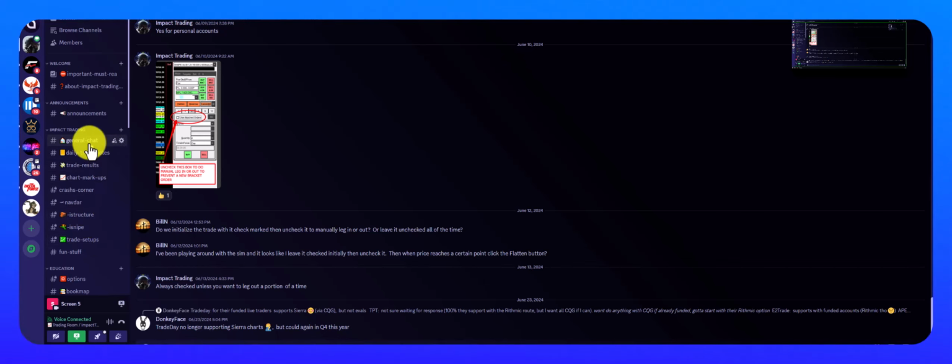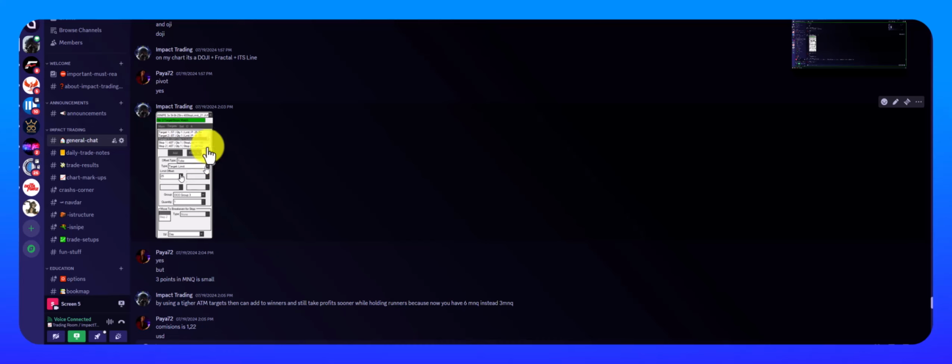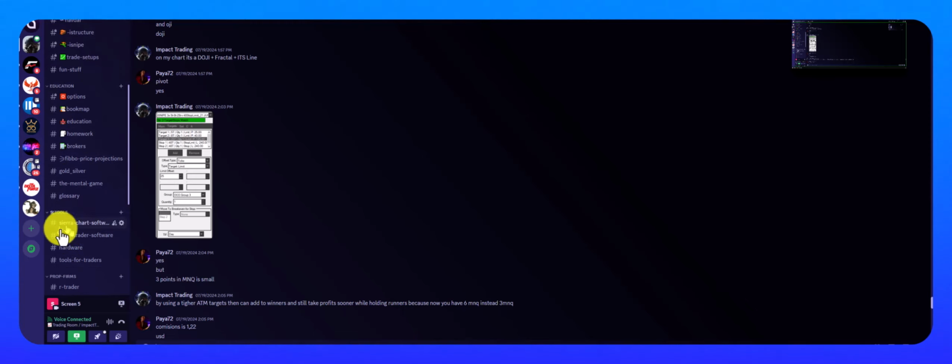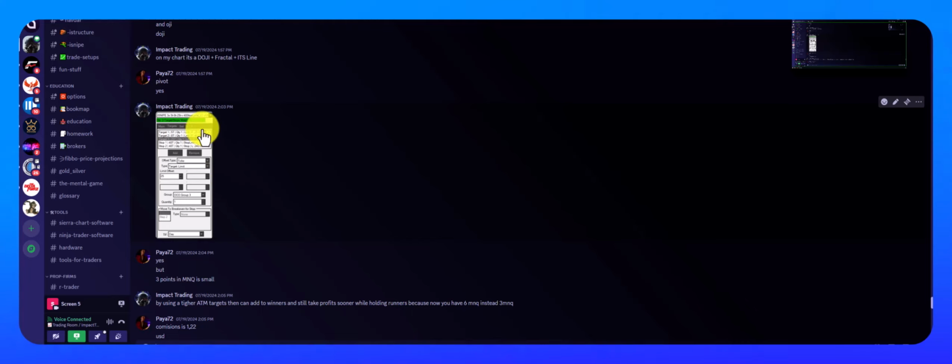But if you can change to what I'm going to show in here, I'll reference it in general, but I'll put the post actually in Sierra chart. I'm going to post an automated ATM strategy that allows your stops to move automatically based off of points moving away from you.